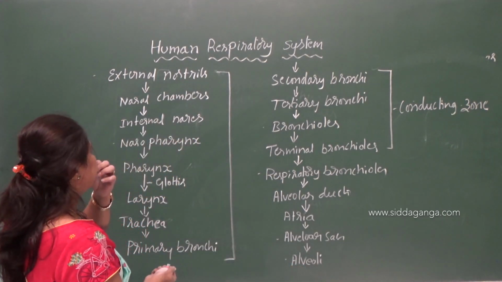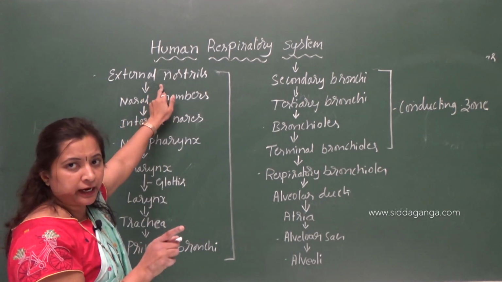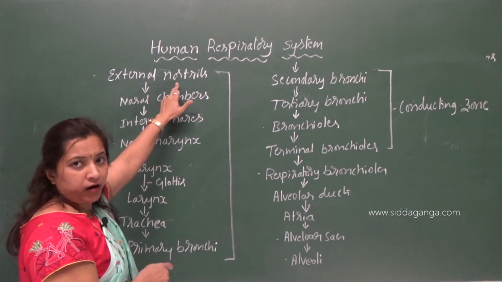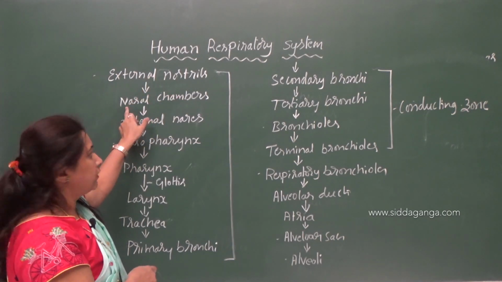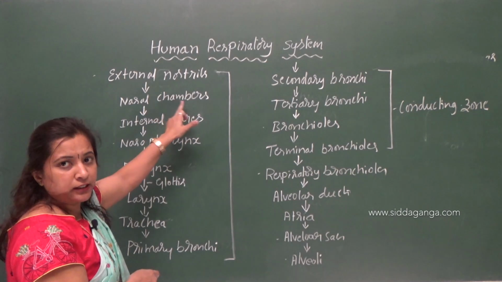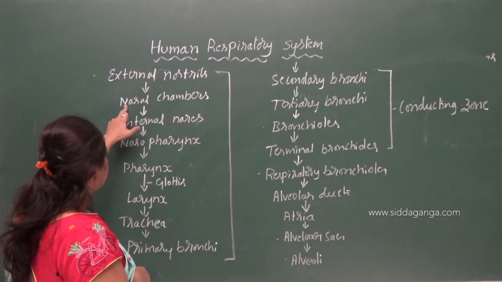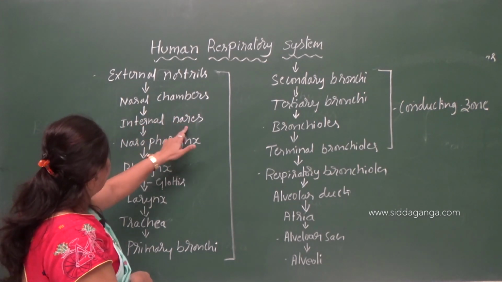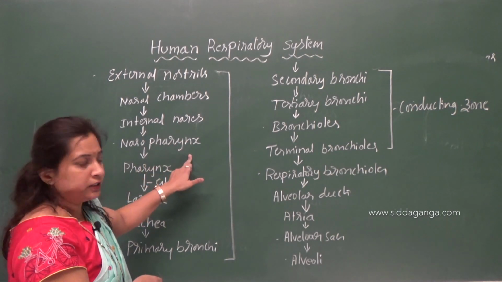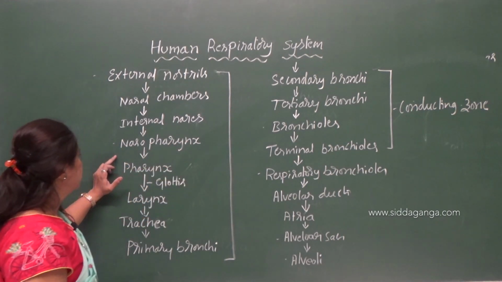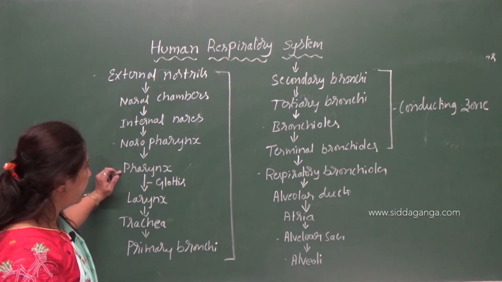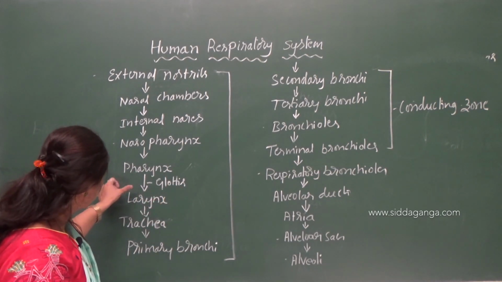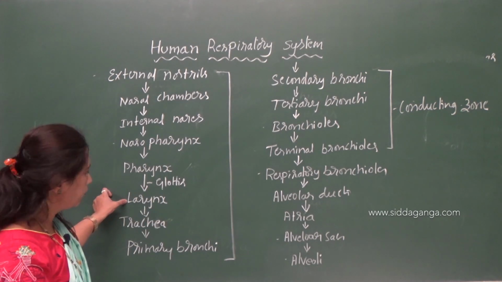Okay. So I will repeat once. Human respiratory tract begins with a pair of external nostrils that leads to a nasal cavity which is divided into 2 chambers. They are called as nasal chambers. So the nasal chambers through the internal nares open into nasopharynx. Then comes the oropharynx, and then the laryngopharynx. The laryngopharynx, through the glottis, opens into larynx.